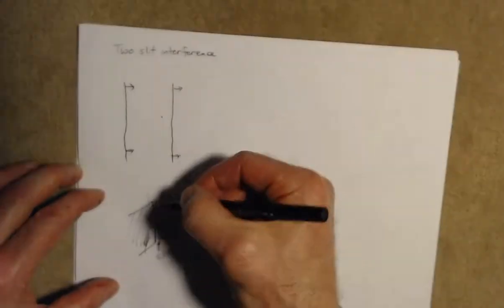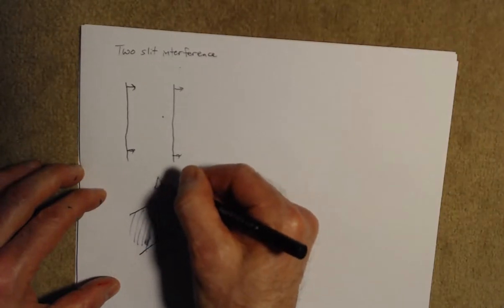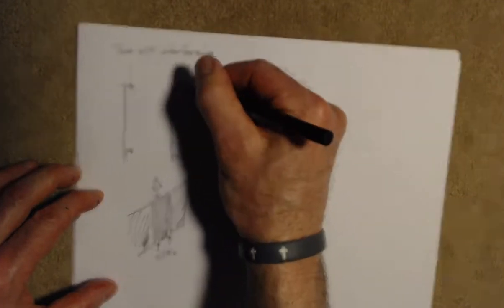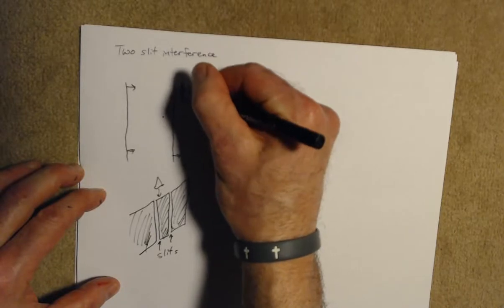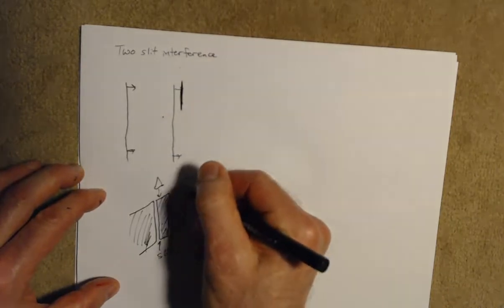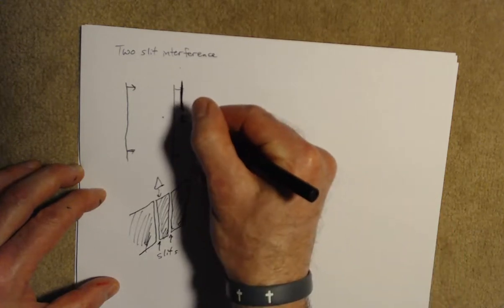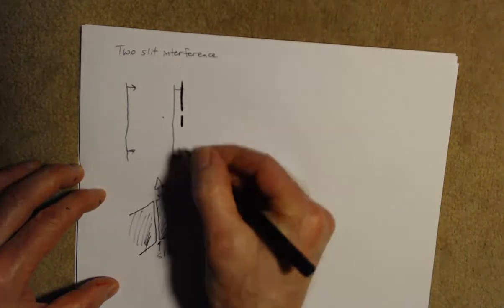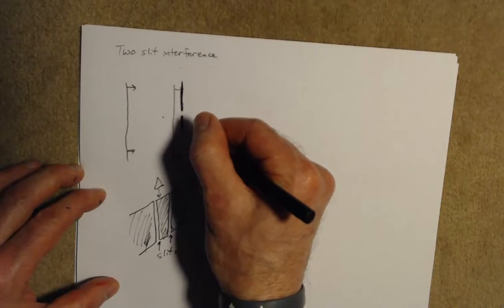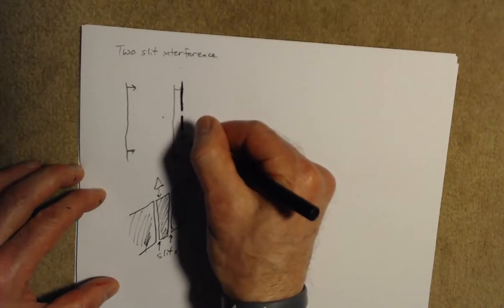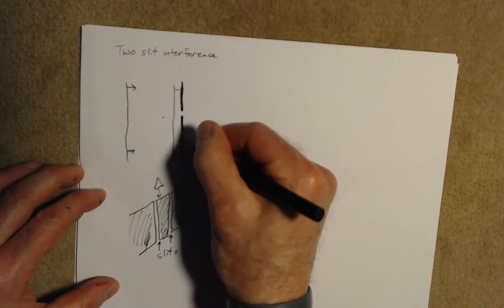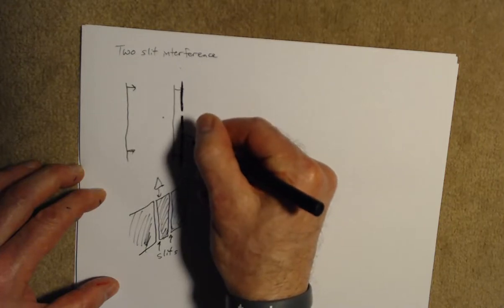And in this view, so again, we're looking from above down onto this, the barrier would look like this. There would be this first part here, and then the first gap or slit, and then this middle part, and then the second gap or slit, and then the rest of it, like so.